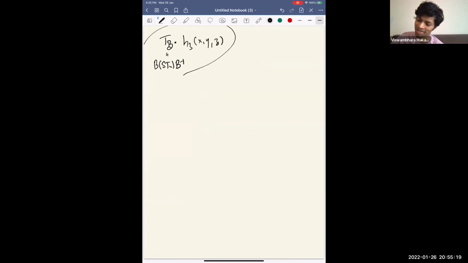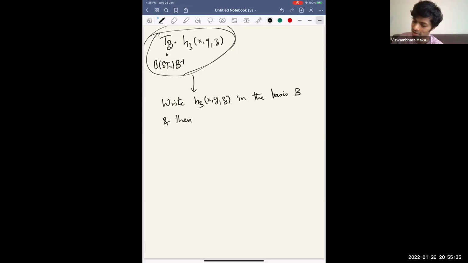So instead of doing all of this, which is going to be a bit of an annoying mess, what I'm going to do is I'm just going to write H3 of x, y, z in the basis B, and then work with the standard torus. This is a completely valid thing. It's just like a change of basis that you have to learn once in your life. And then the only thing you'll ever get confused of is whether you should have used B or B inverse, but different story. Okay, so let's not worry about that.